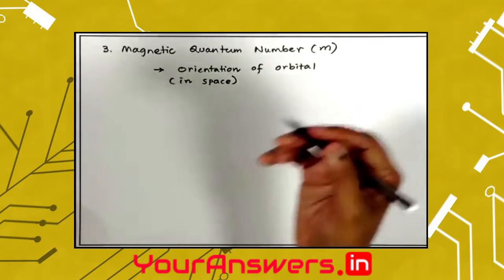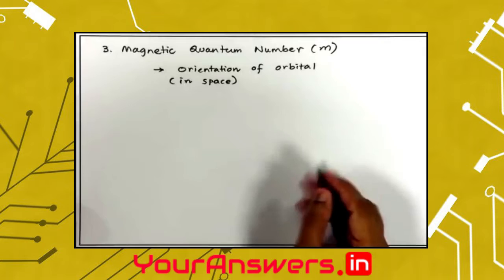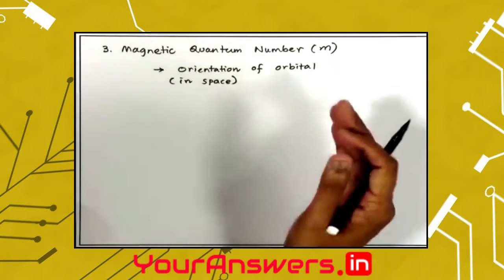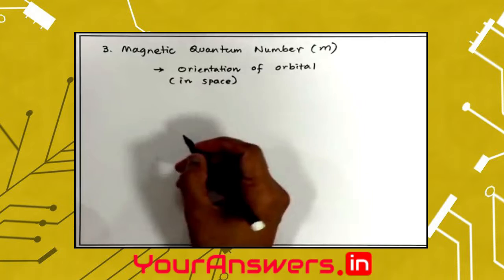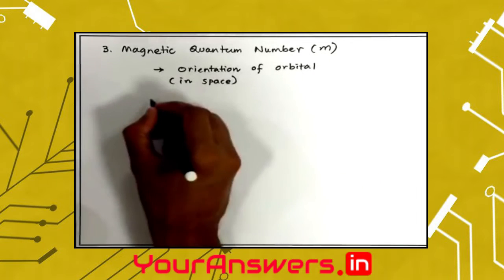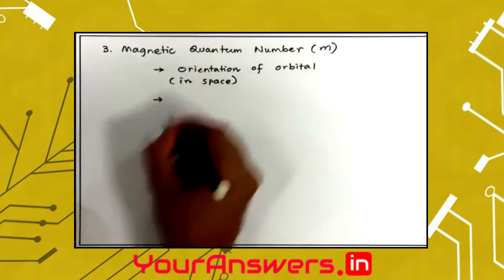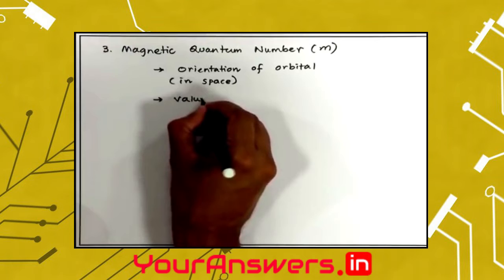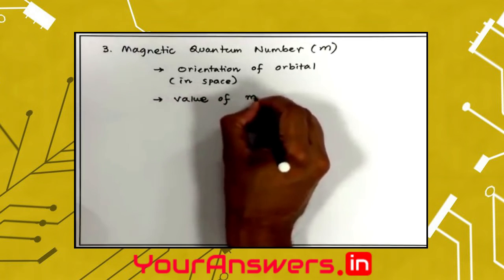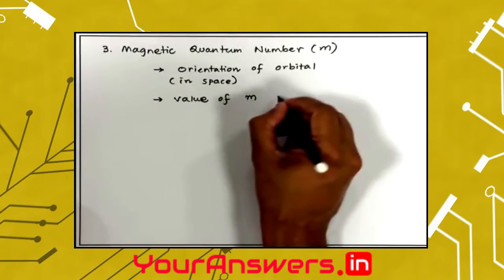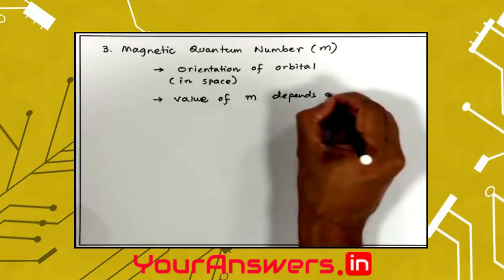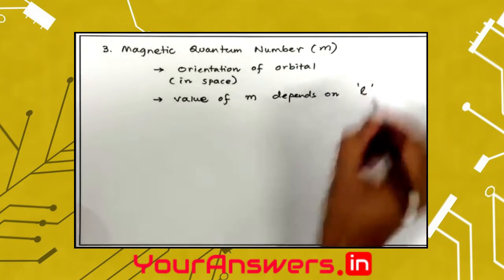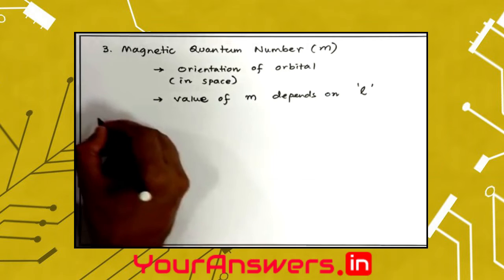We saw that the value of L, the azimuthal quantum number, was determined by the value of n, the principal quantum number, the leading quantum number. Now, the value of the magnetic quantum number m depends on the value of L. What values of L have we seen?